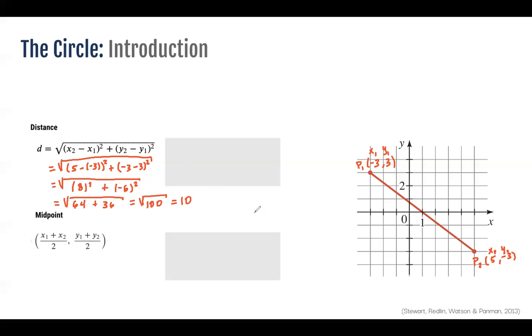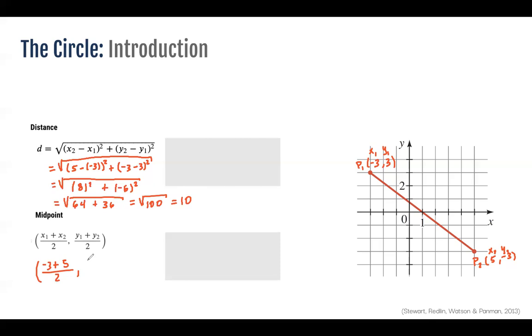To find the midpoint, we're going to use once again x1 and x2. In this case, it doesn't really matter the order because you're going to add them. So x1 is -3 plus x2, 5, divided by 2.